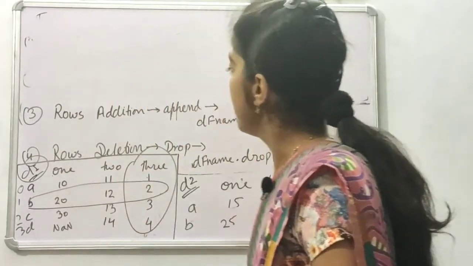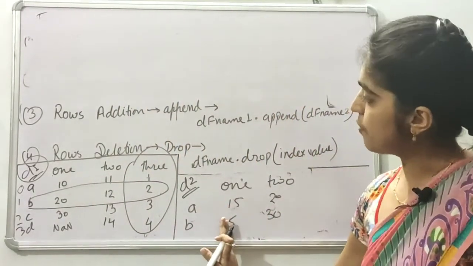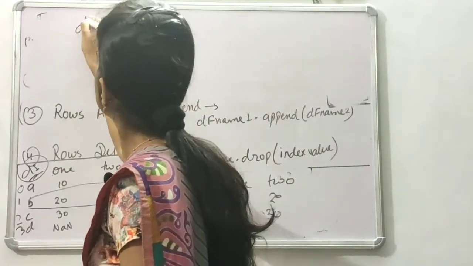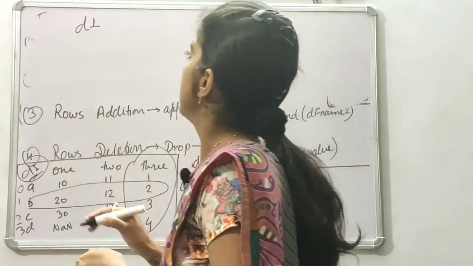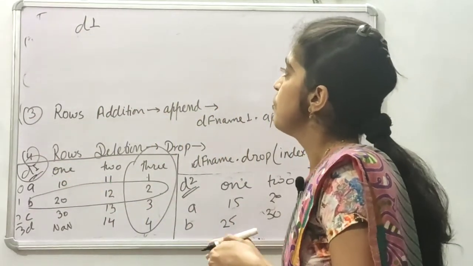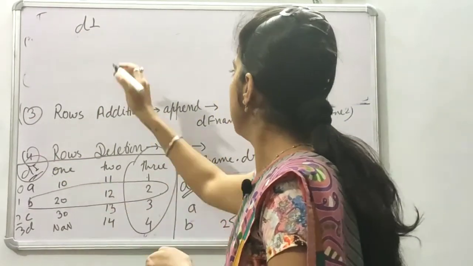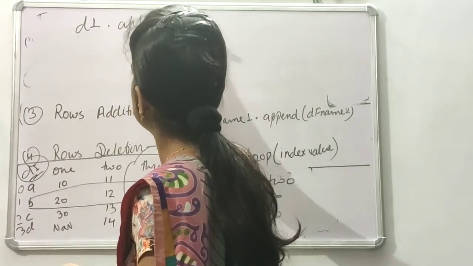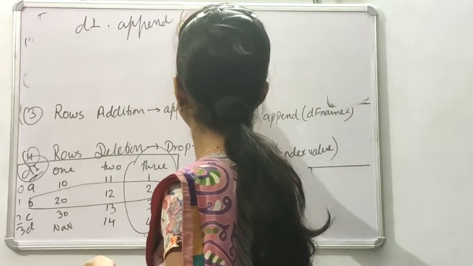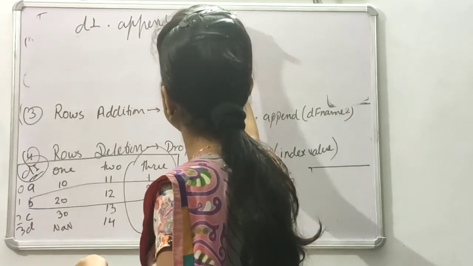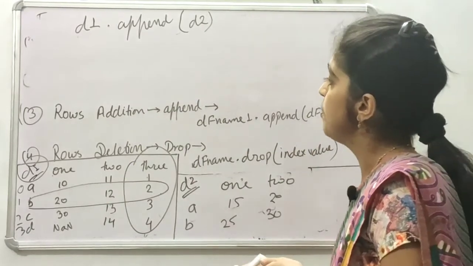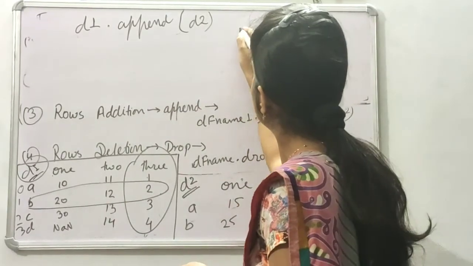If you want to add the second data frame into the first data frame, then write the first data frame name D1 dot append, then in brackets write the second data frame name, D2. Then what is the output?